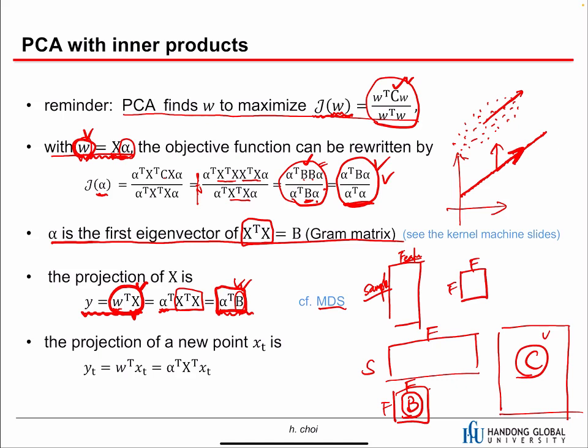Okay, for example, if you're working on genetic data, in that case we don't have that many samples, but the number of features is huge. So in that case we cannot work on the covariance matrix because the size of the covariance matrix is huge. So it's kind of a detour.